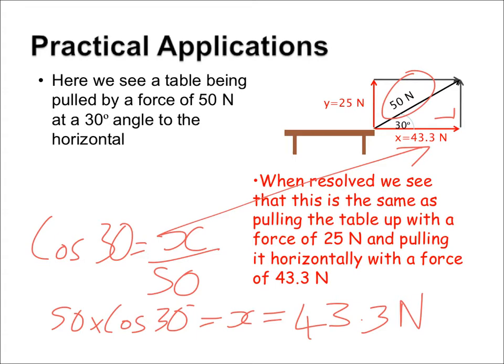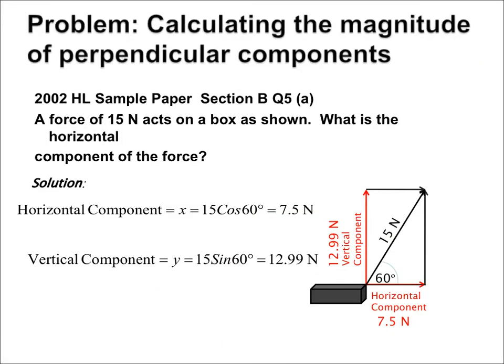Now if we needed the vertical, there it is, and that's just multiplied by sine, because that's a sine relationship between the two. Those two are the same. It's like looking at that one on the far side of the rectangle. Another problem from even further ago, this one, 2002, something's being pulled. What's the horizontal and vertical components?